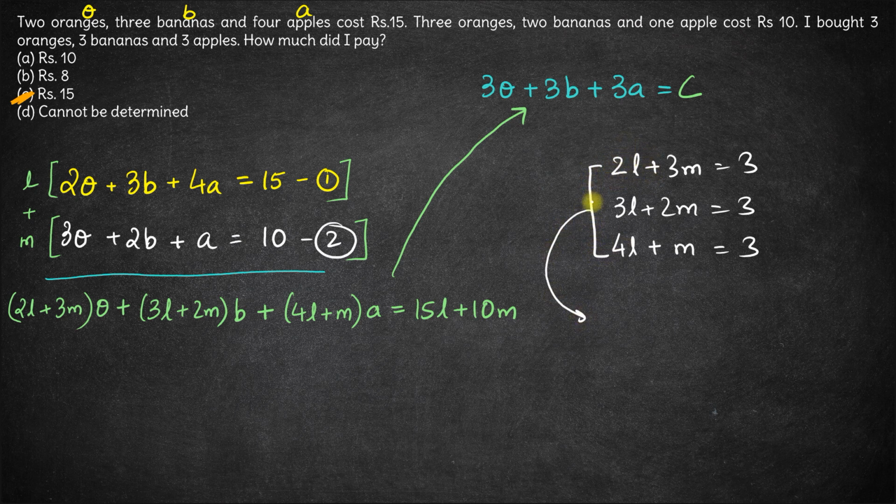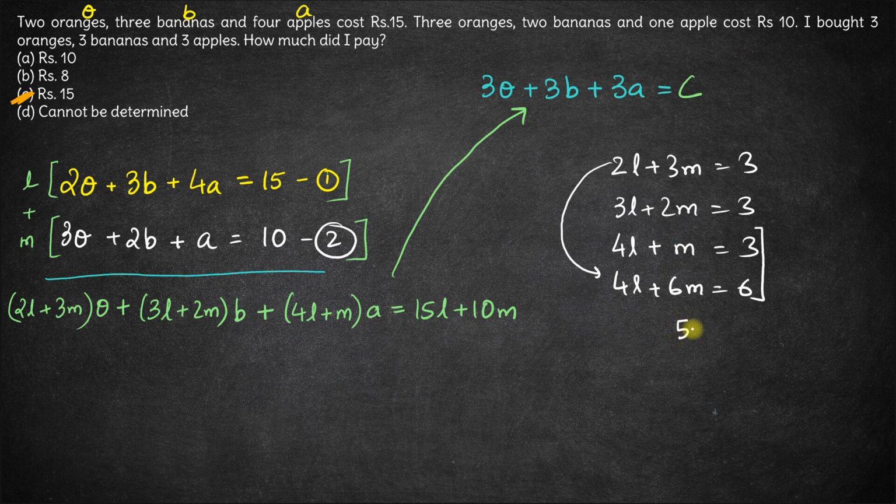Multiplying this equation with 2, we get 4L plus 6M is equal to 6. Subtracting the other equation from this, we get 6M minus M is 5M, 4L minus 4L is 0, 6 minus 3 is 3. So M comes out to be 3 by 5.